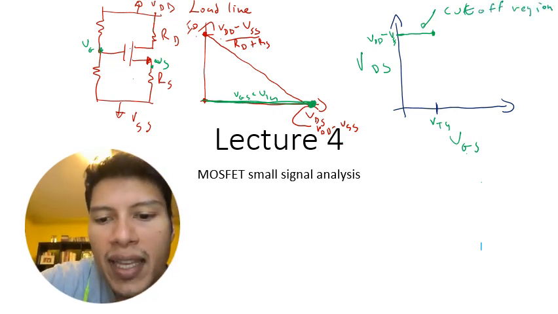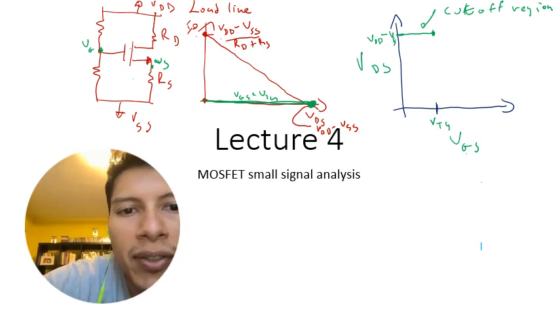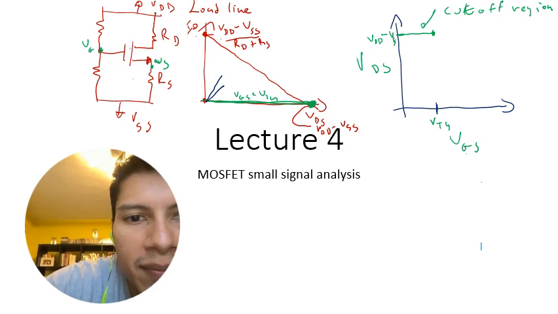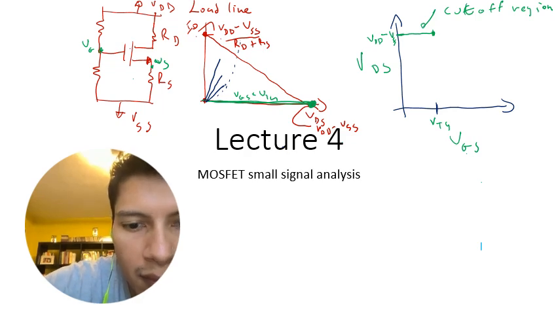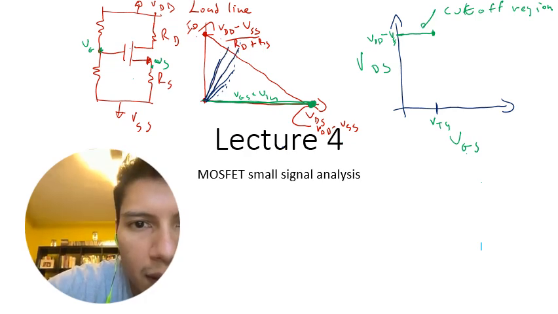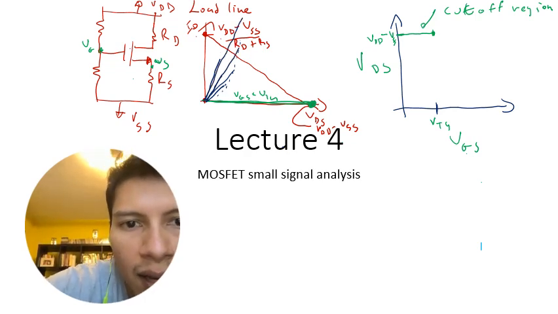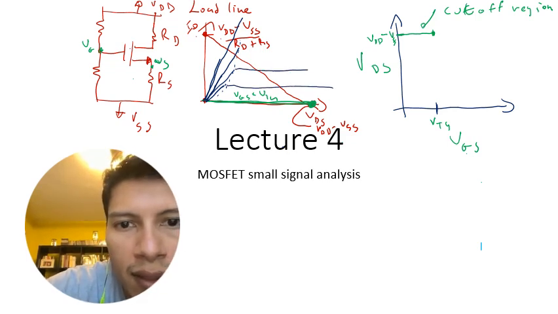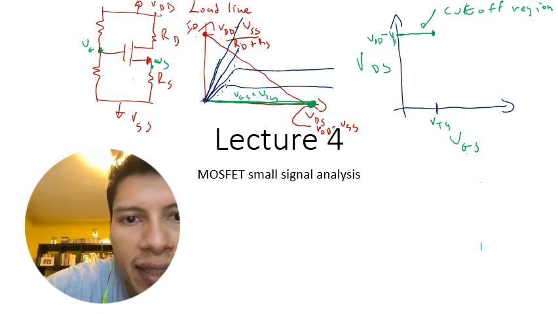And then we said that as we keep increasing VGS, we're going to get lines that go higher and higher.